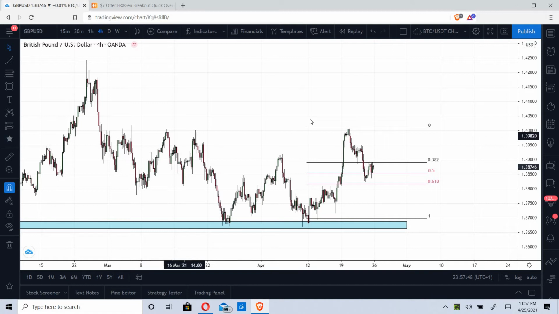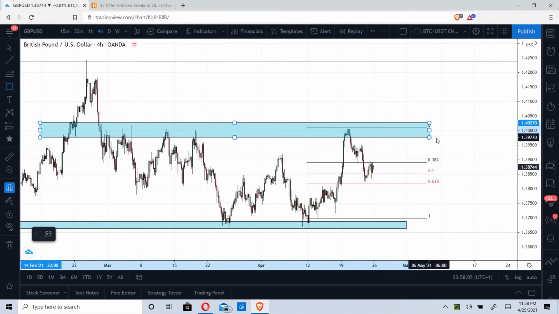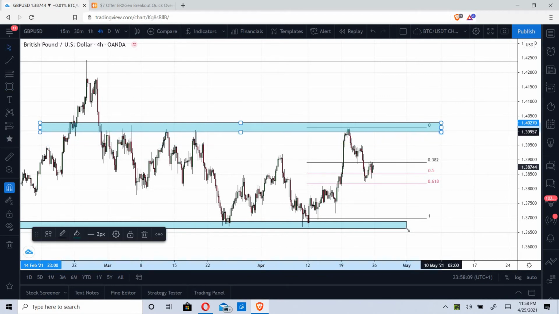All right, so what we can do here again is extend these levels up to this point, so we can mark out our resistance levels here. Let's pick our tool again and mark out this level here, and this level here, and this level here. We can extend this.